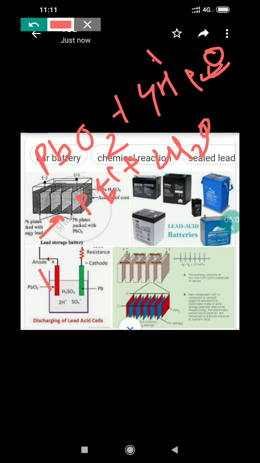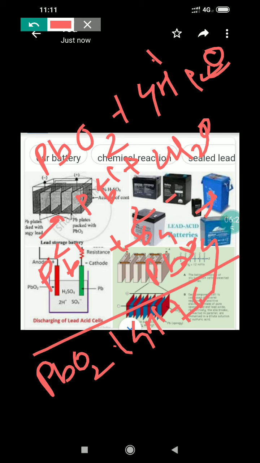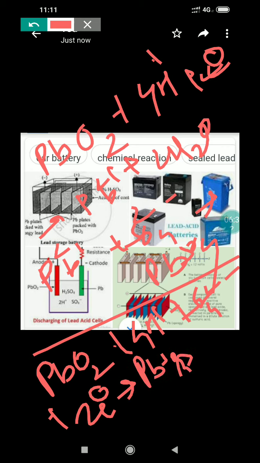Now this Pb di-positive plus SO4 di-negative giving you PbSO4. So overall reduction reaction at cathode is PbO2 plus 4H positive plus SO4 di-negative plus 2 electrons giving you PbSO4 plus twice H2O. This is the overall reduction reaction.